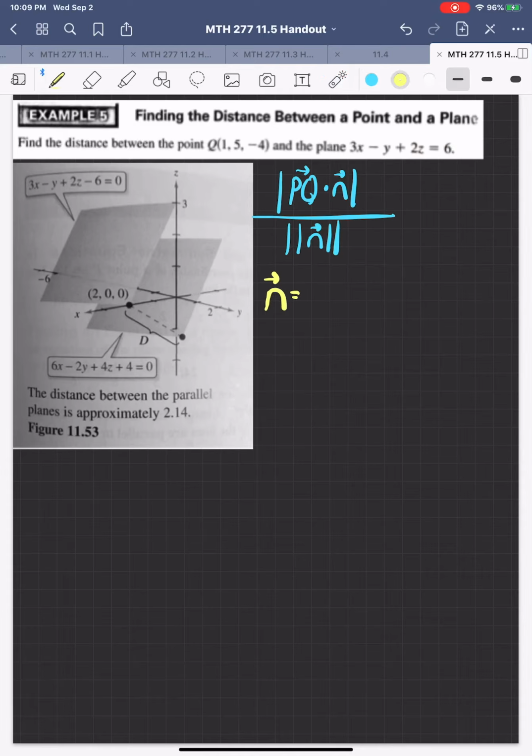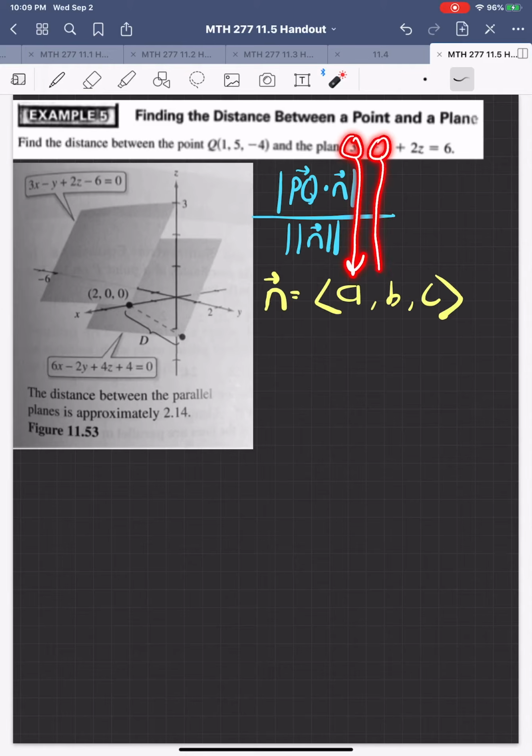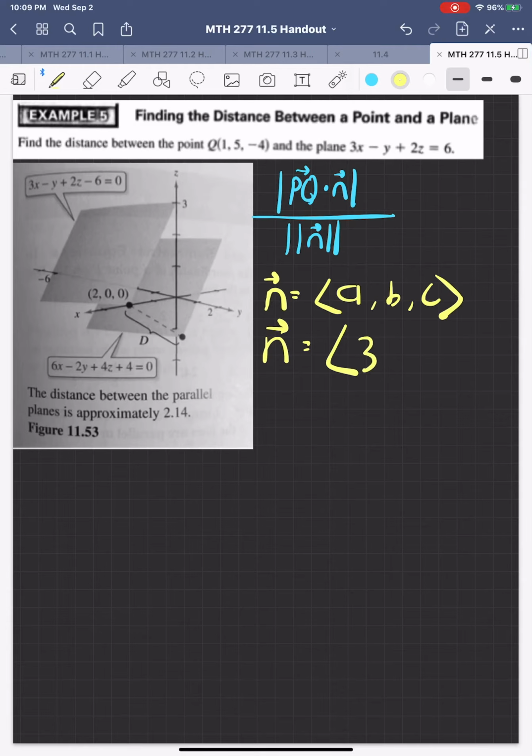Don't you recall that the normal vector, the A, B, C, can be grabbed quickly from just those coefficients? So that's a quick way of getting right to the normal vector. We can just grab it. So that's going to be 3, -1, 2. There we go. We got our normal vector. Now let's take a quick look at the formula for the distance.